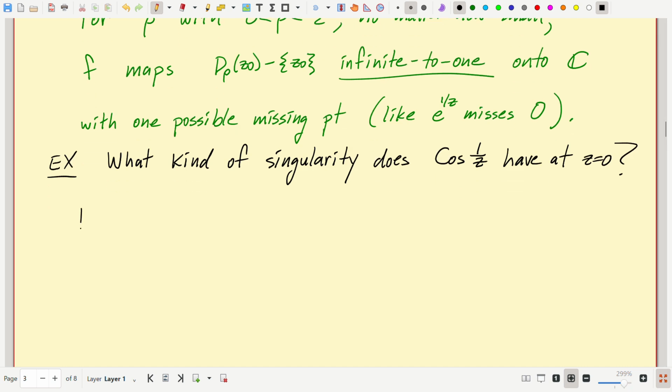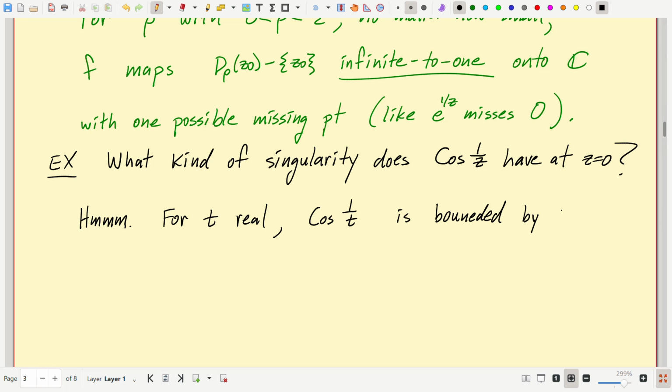So if you think about, could it have a removable singularity? Well, then it would have a limit as you go to 0. And if you think about t real, we know what cosine 1 over t looks like. Cosine 1 over t is bounded by plus and minus 1, bounded by 1 in absolute value.